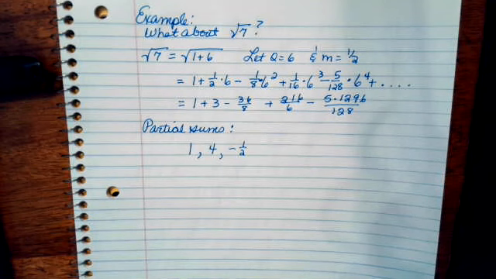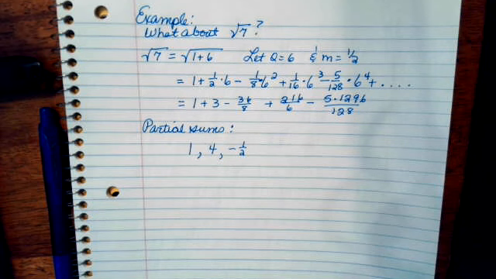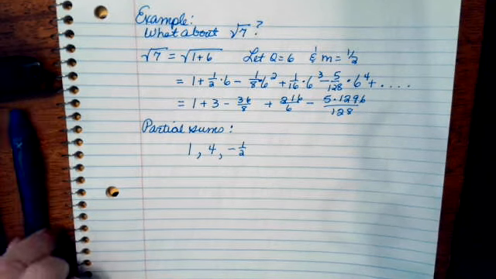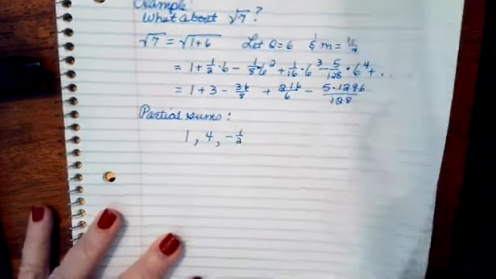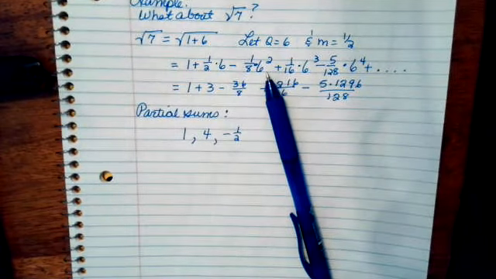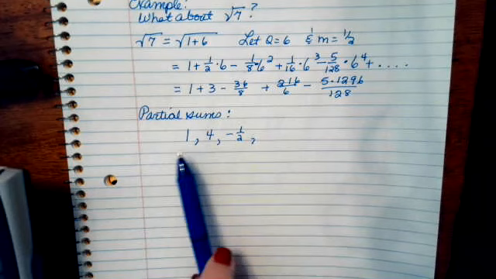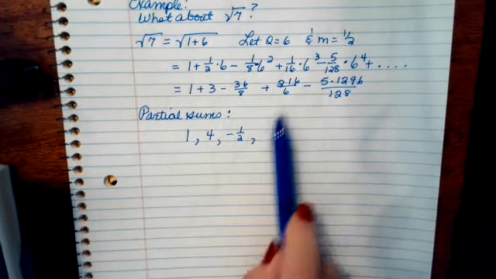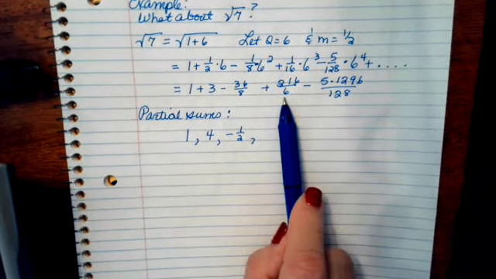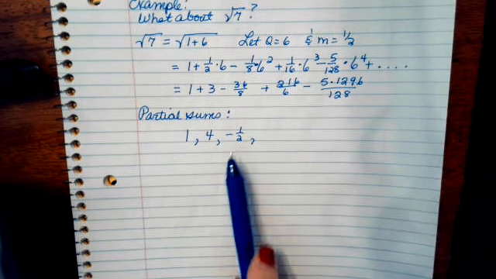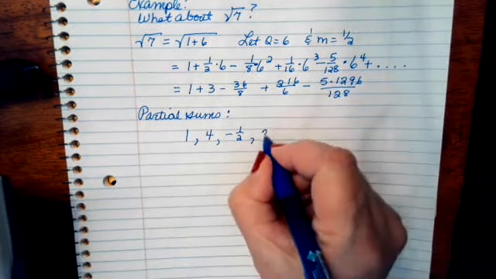1 plus 3. Let's see, I don't have a calculator with me. Yes, I do. Well, hold on. So when I add the first 4 terms, add 216 over 6 to -1/2, I get 35.5.